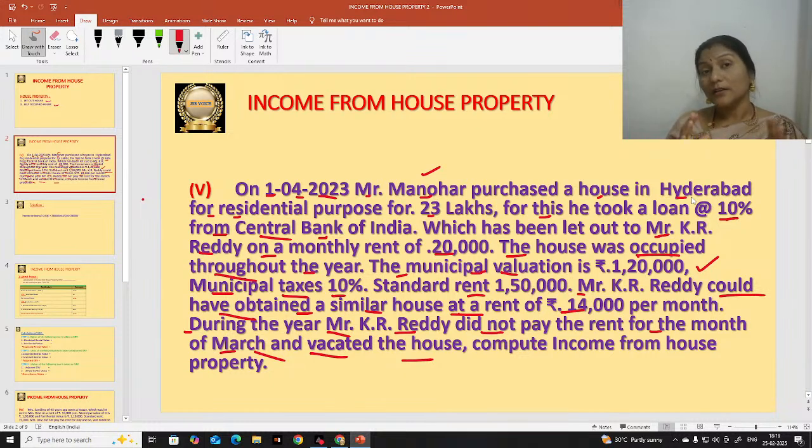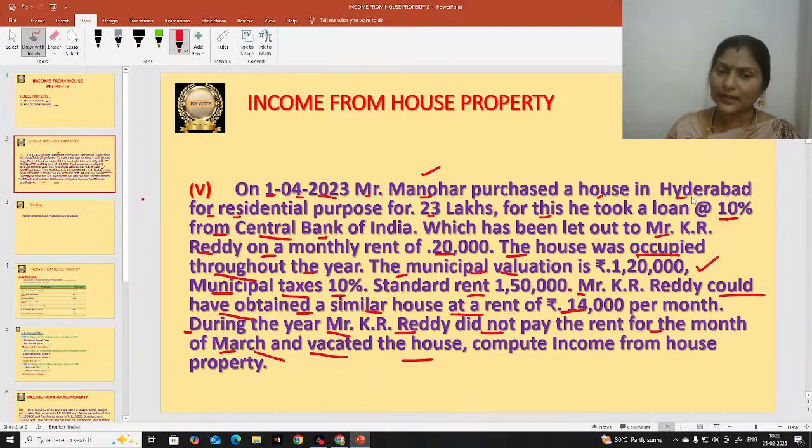So during the previous year 12 months are there. The last month is March. So in the month of March the tenant did not pay rent. That is why he vacated the house. And here 1 month rent our assessee did not receive. So how many months rent did he receive?